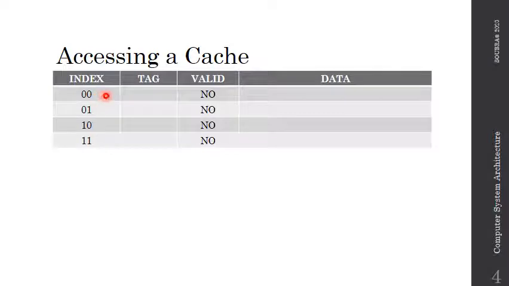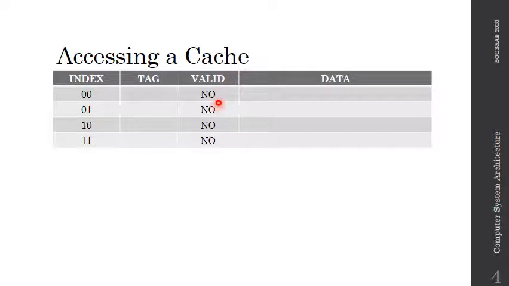With 2 bits we can have 4 different locations, from 0 to 3. Because we have no info about the tag, we cannot know how many addresses we have in main memory or the size of the main memory, but we're going to get to that soon. And here you can notice that all the valid bits for each block are 0, so most probably this is the very beginning, and you can see that the cache is empty.